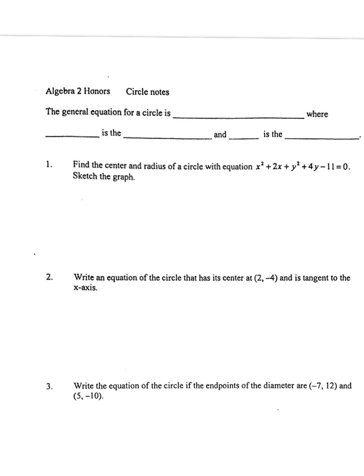But to refresh your memories, the general equation for a circle is (x minus h) squared plus (y minus k) squared equals r squared. So this is the equation we talked about first semester, and it's the one we're going to deal with today. This is the general equation for a circle.